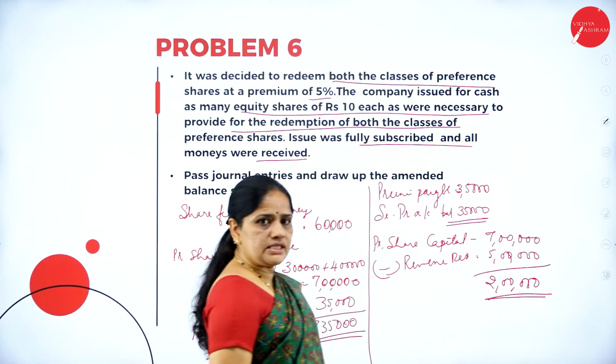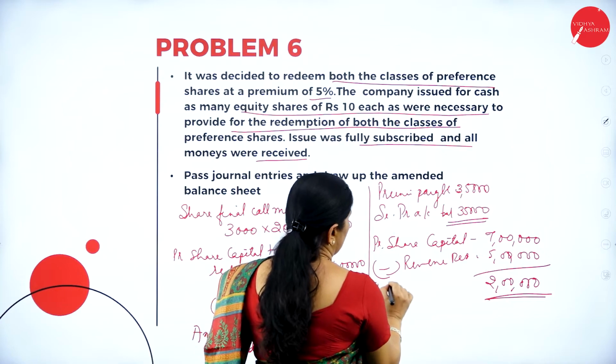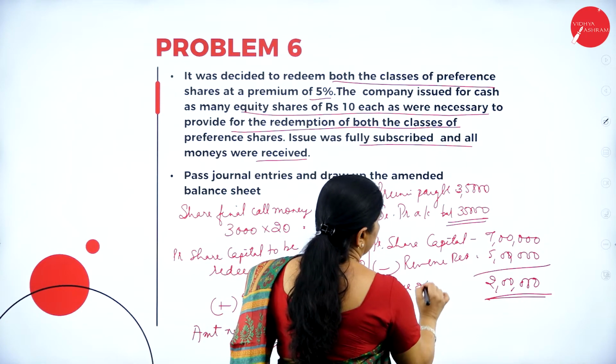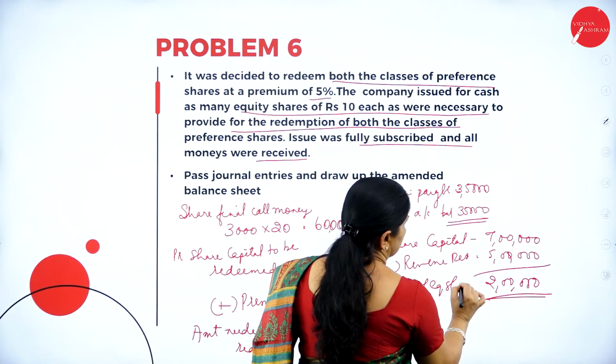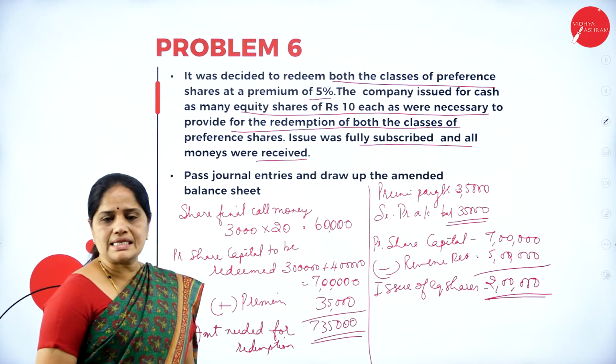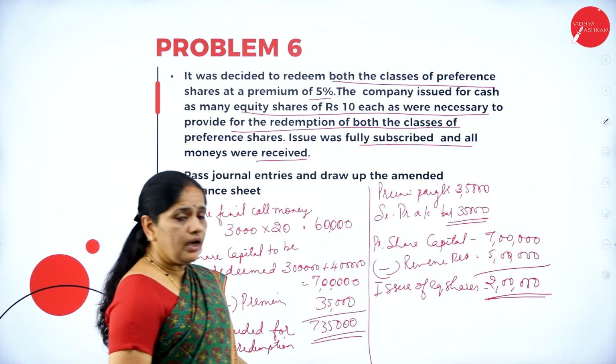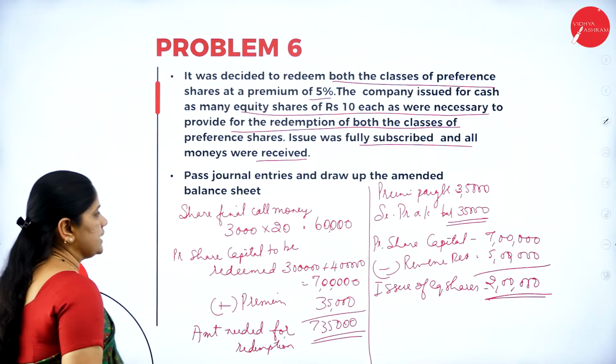So I have the rest of the 2 lakhs. So this 2 lakhs issue of equity shares. Equity shares worth rupees 2 lakhs I have to issue and raise the funds for redemption. Now, I have to pass journal entries for this.